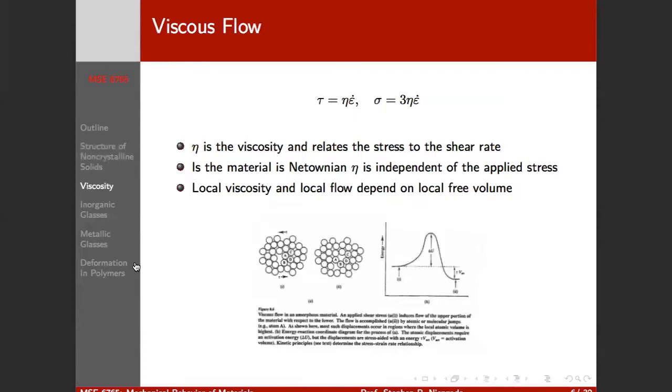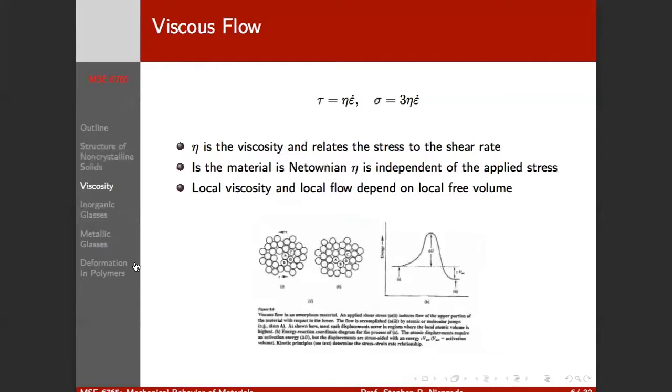And so to make matters worse, this viscosity isn't always constant. For elasticity, for our elastic stiffness, it didn't matter how fast we loaded it elastically. We said the material responds instantaneously. The viscosity is going to be a function of the applied stress or strain rate, depending on how we define viscosity.